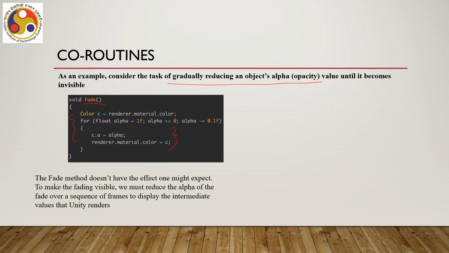Now, the Fade method does not have the effect one might expect. To make the fading visible, we must reduce the alpha over a sequence of frames to display the intermediate values that Unity renders.